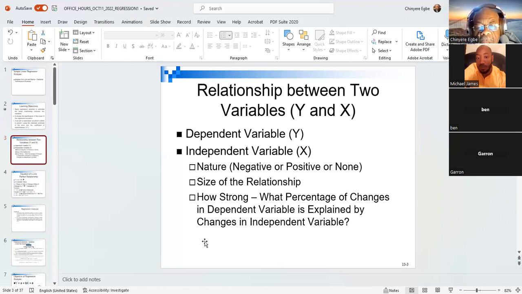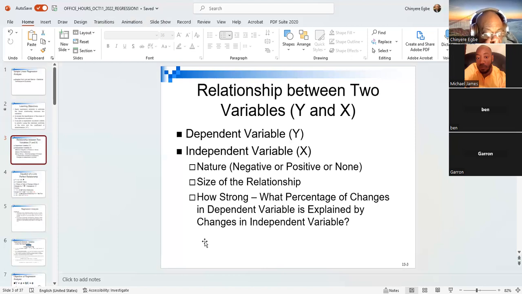For example, if the price goes up by $1, then quantity demanded will decrease by 5. That is a size of relationship. So you're looking at, say, a number like 0.2. So we have estimated also the size or magnitude of the relationship.